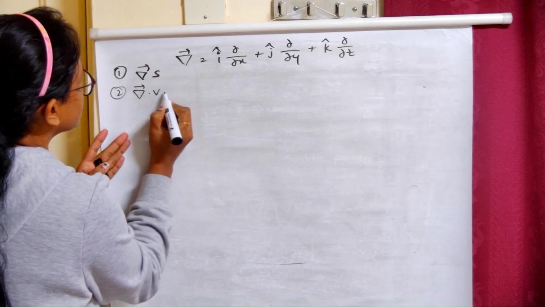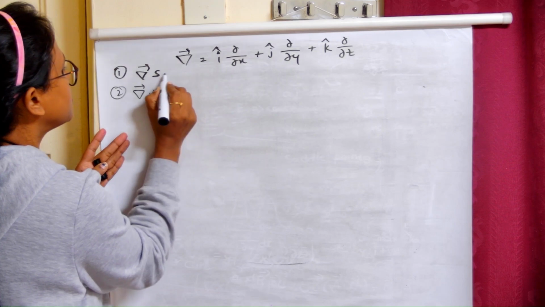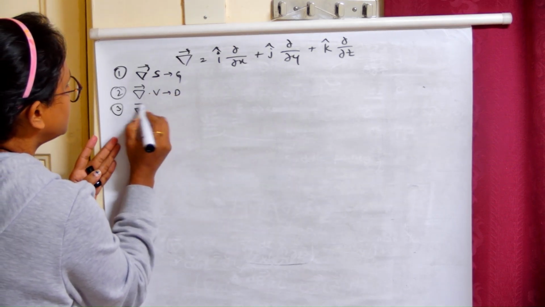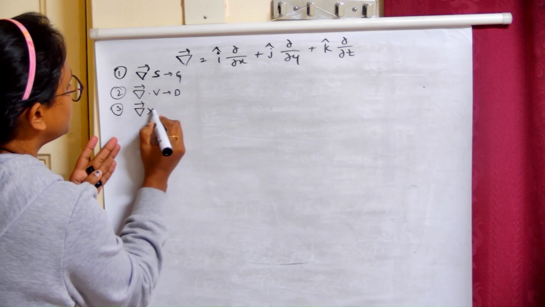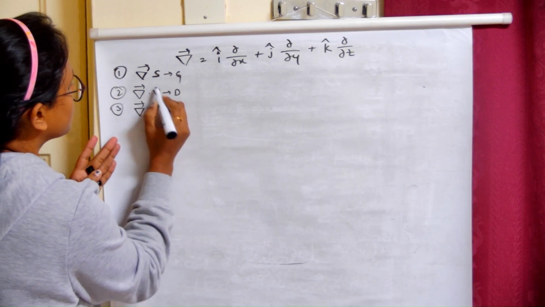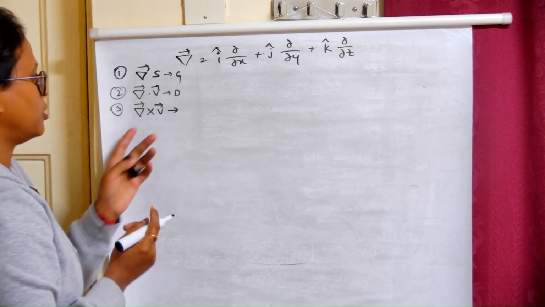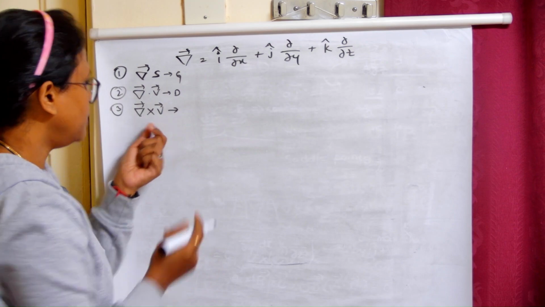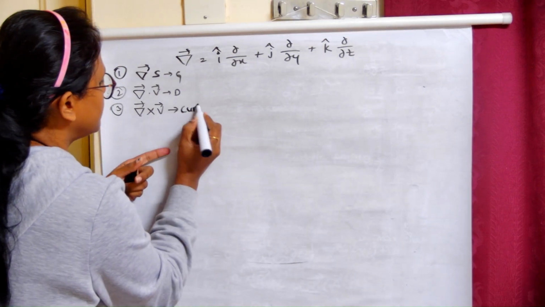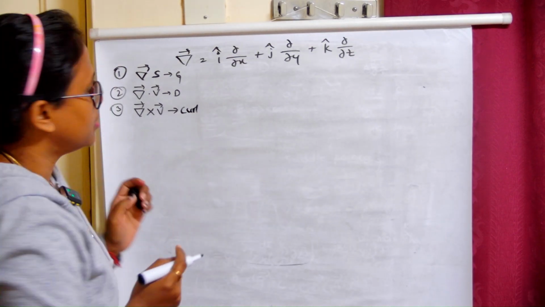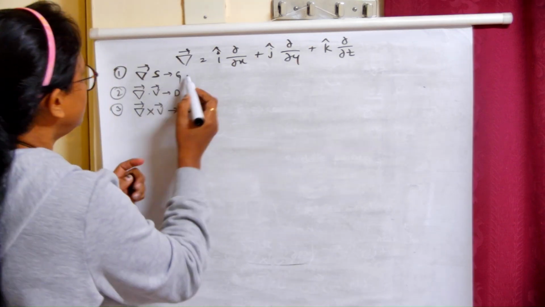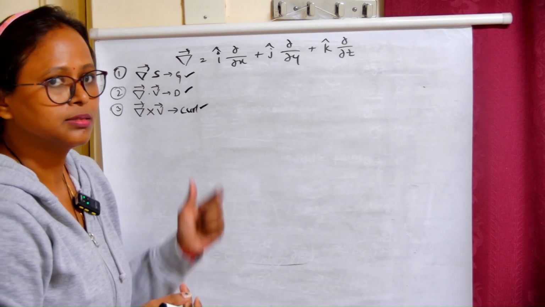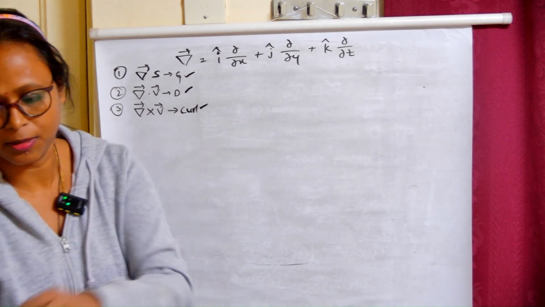The dot product is called divergence, and if it is the cross product between the del operator and the vector, we call it curl. So finally, we have gradient, divergence, and curl. Let us discuss each of these components separately.